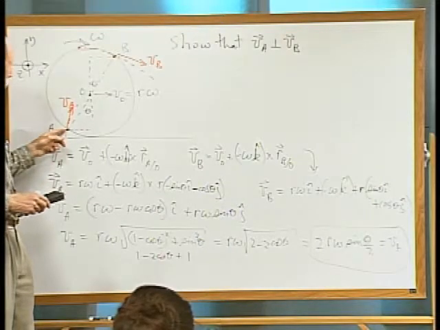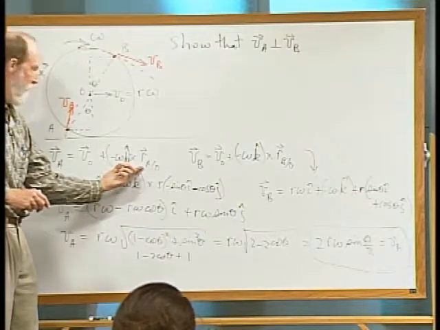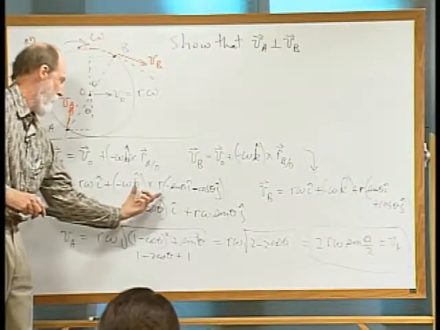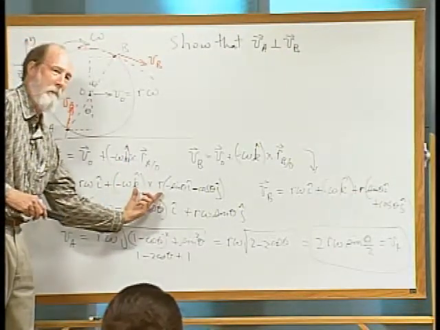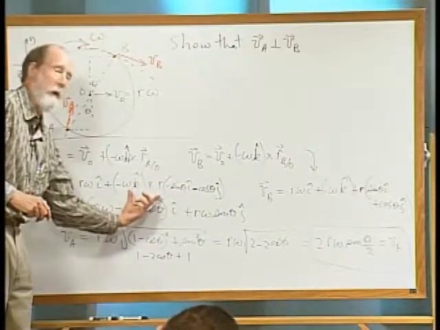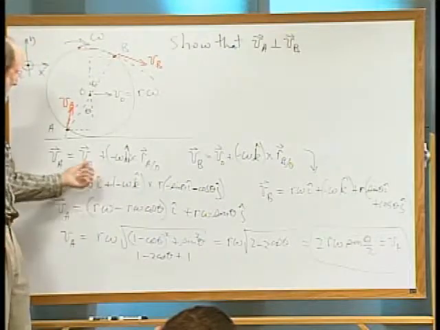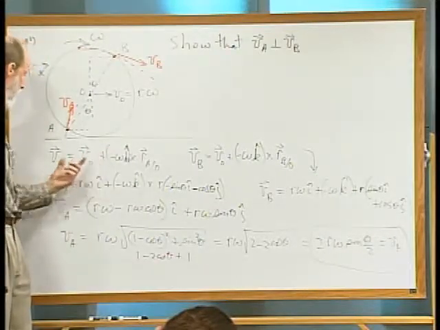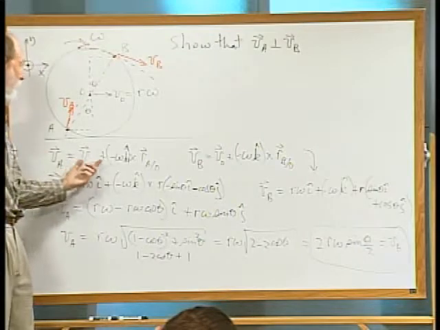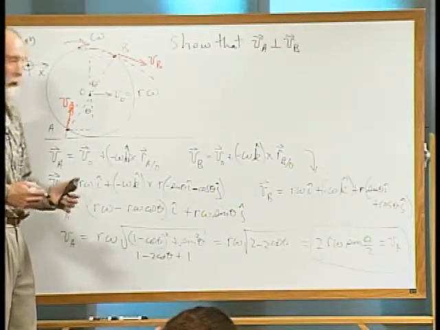The magnitude of this cross product. It's r omega also, isn't it? Isn't this cross product term right here going to be r omega in magnitude also? Yes. So that means both of these components making up the velocity of A are equal in value, just happen to be in different directions.